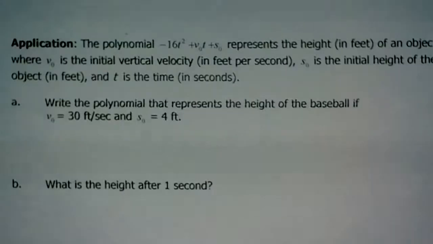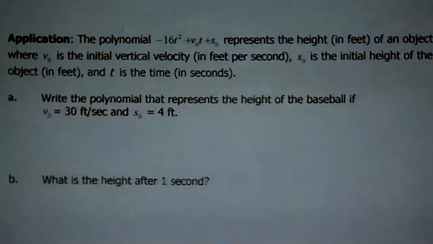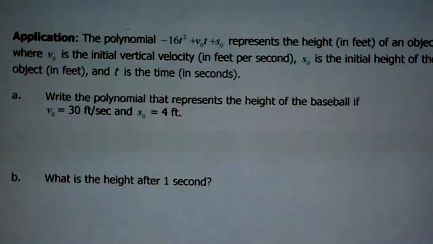It's an application problem, so turn your page. This is the kind of problem you would see in answering all this. Yes, of course, I'll ask you, what's the degree of this? What kind of polynomial is that and that? But here we're actually having to do an application.